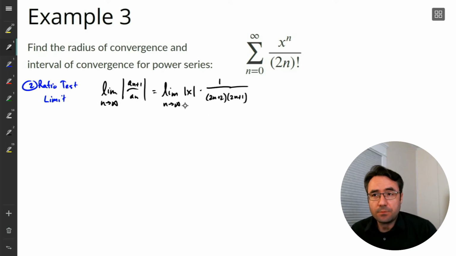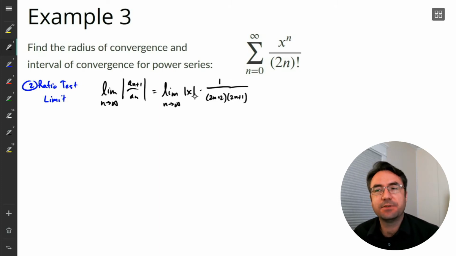And when we're doing this, we're doing the limit as n goes to infinity. So n is the thing that is changing here. x, even though it's technically a variable, in the context of this limit, n is the thing that's changing. So x is actually just a fixed number right now.